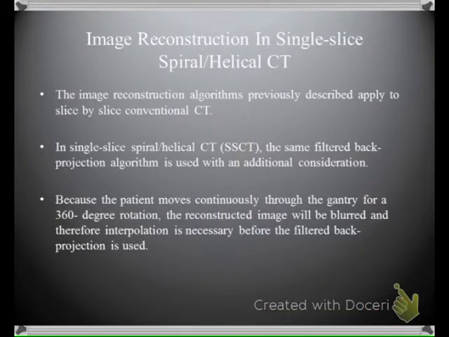Now, image reconstruction in single-slice spiral helical CT. The image reconstruction algorithms previously described apply to slice-by-slice conventional CT, which we know as the stop-go motion of conventional CT. In single-slice spiral helical CT, the same filtered back projection algorithm is used with an additional consideration.